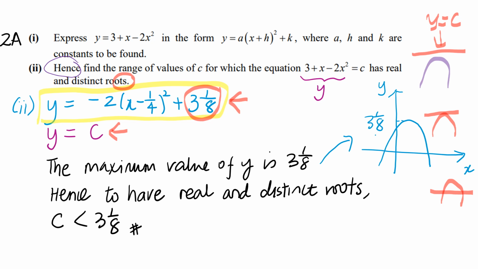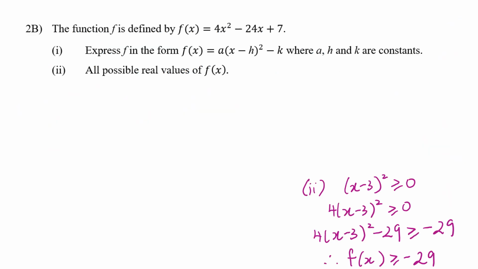So how would your y equals c look like? Your horizontal line will have to cut the curve at 2 points, and to do that, the value of c has to be below 3 1/8.